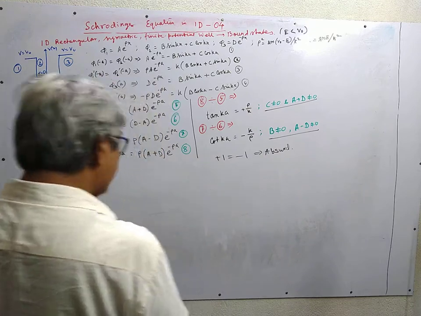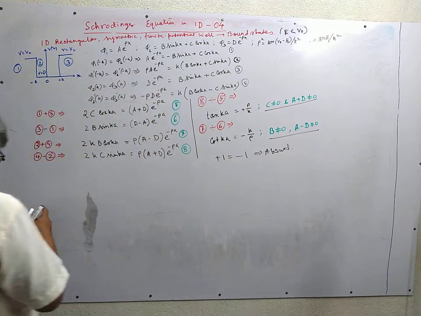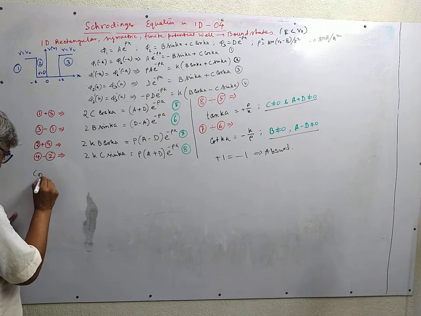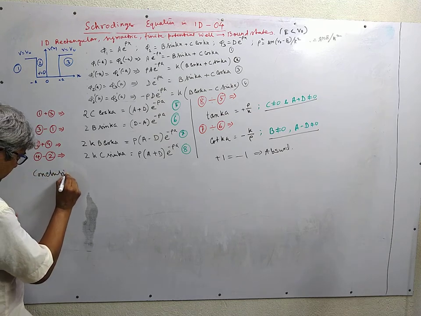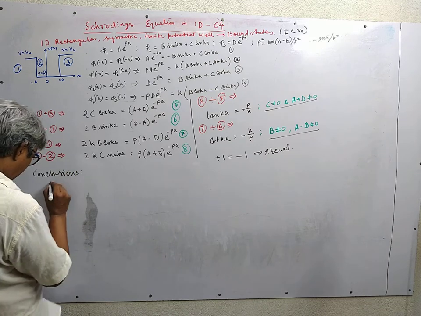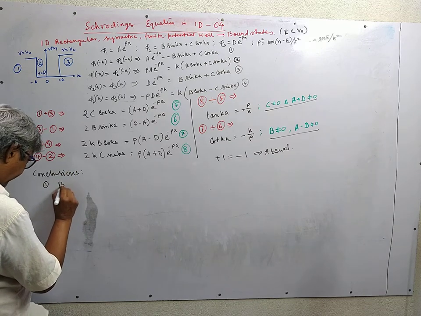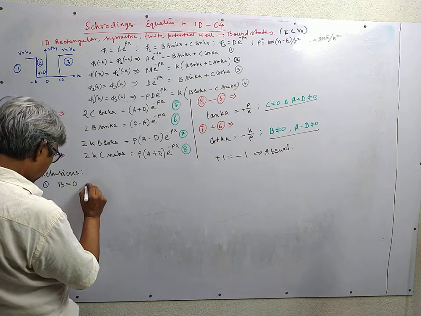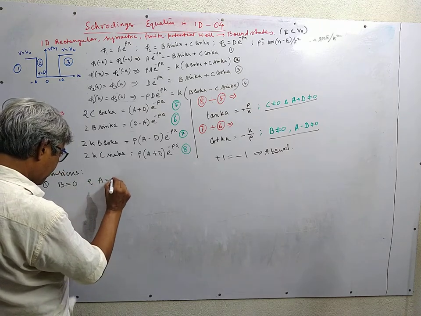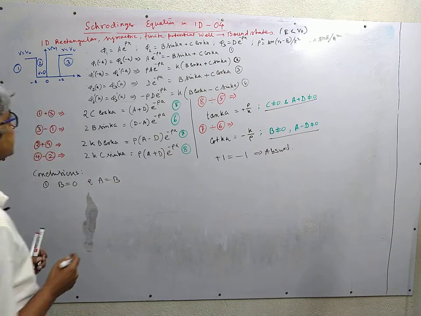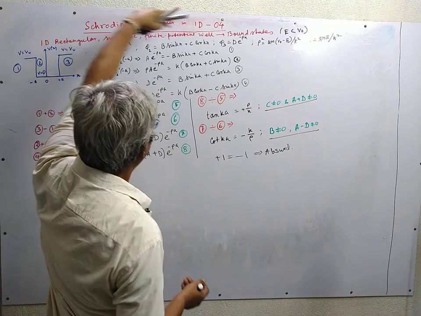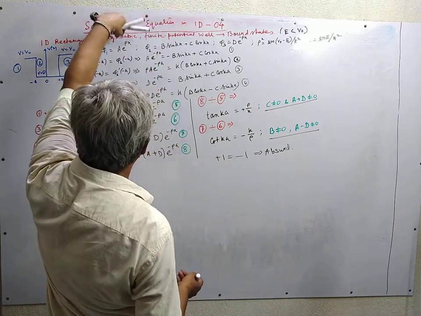So one alternative is b is equal to 0 and a is equal to d. Let's see what happens. B is equal to 0, there is no sine term, and a and d are equal.